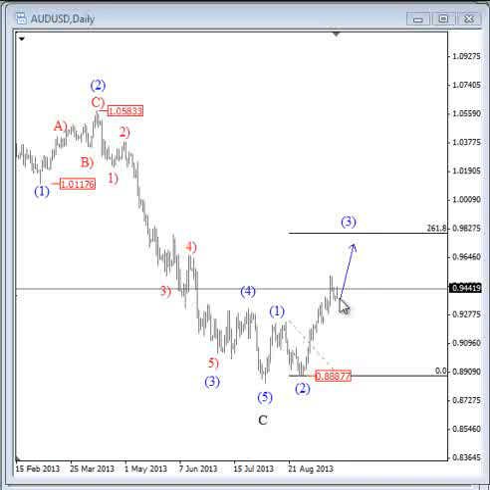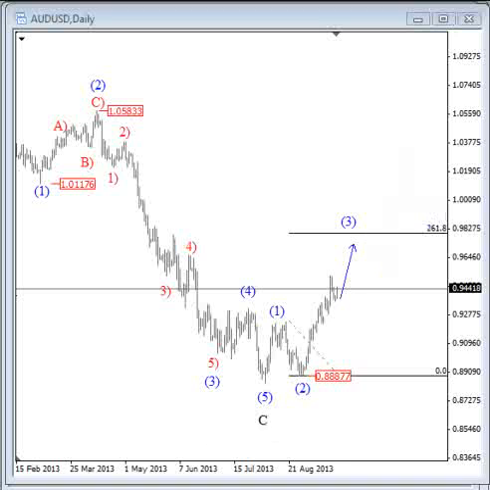So if this is wave 3, then we want to see this level tested. If this is wave C, then you definitely do not want to see price reach the typical Fibonacci ratios for third legs. I think this makes sense, and if we see higher levels, then of course be aware of more upside on Aussie dollar in months ahead, maybe even in the next 2 years.